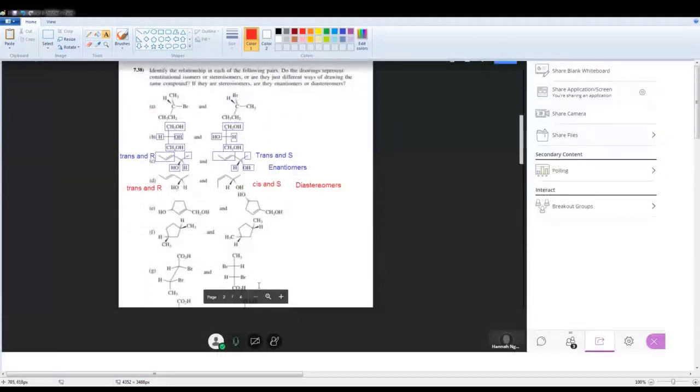An example of that might be in the compound down here. Let's check it out just to be certain. I'm going to move this off to the side.